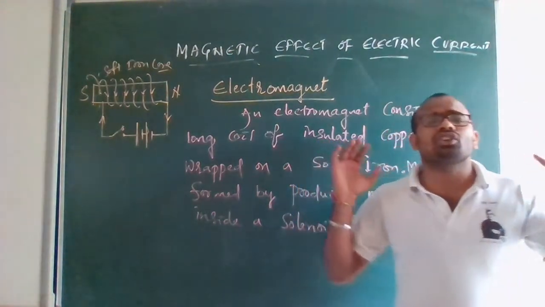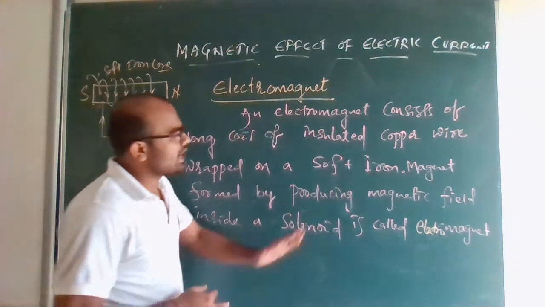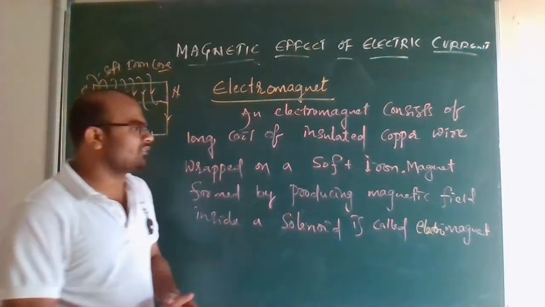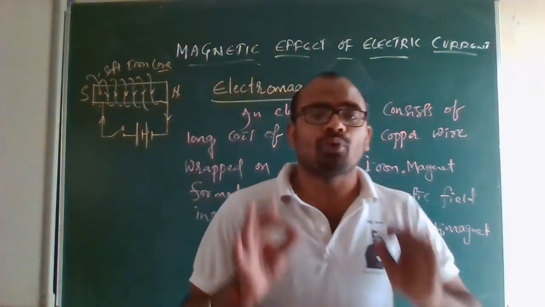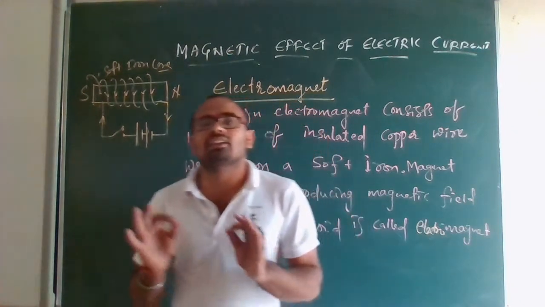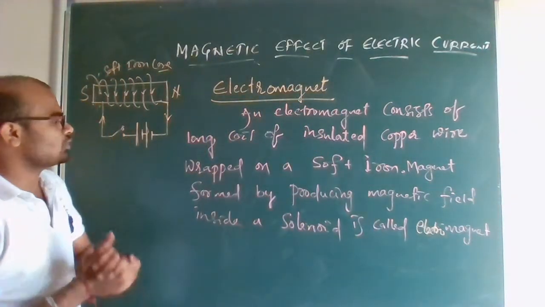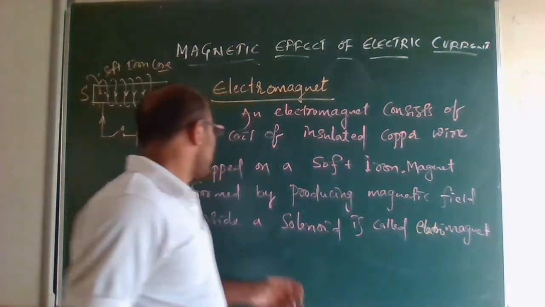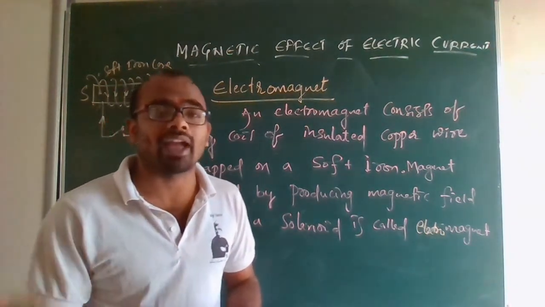If they ask you to define an electromagnet, you can just write this also: a magnet formed by producing a magnetic field inside a solenoid is called an electromagnet.